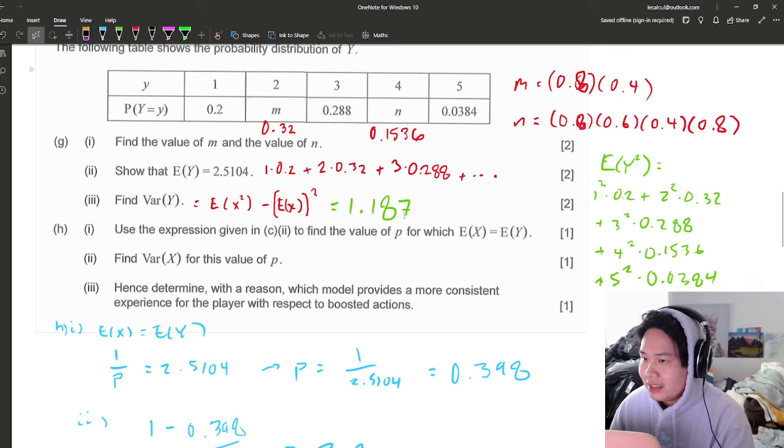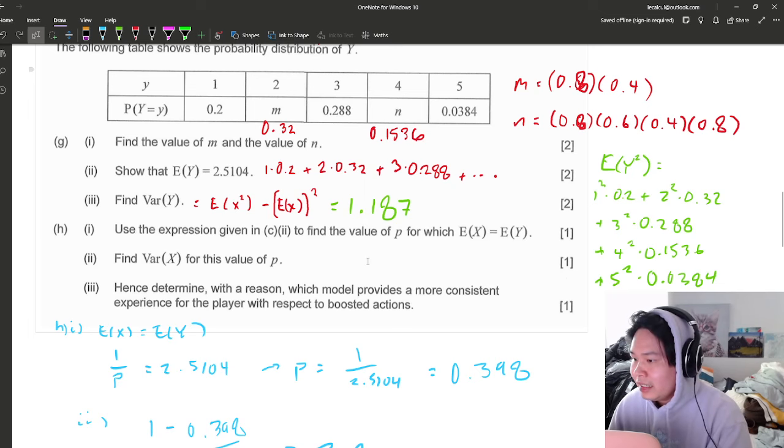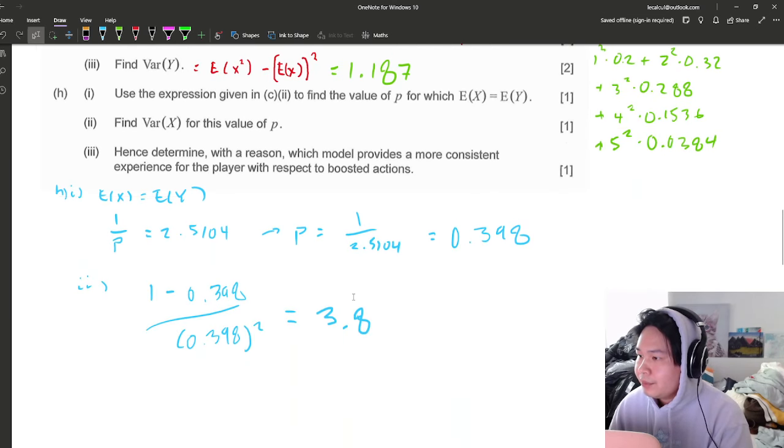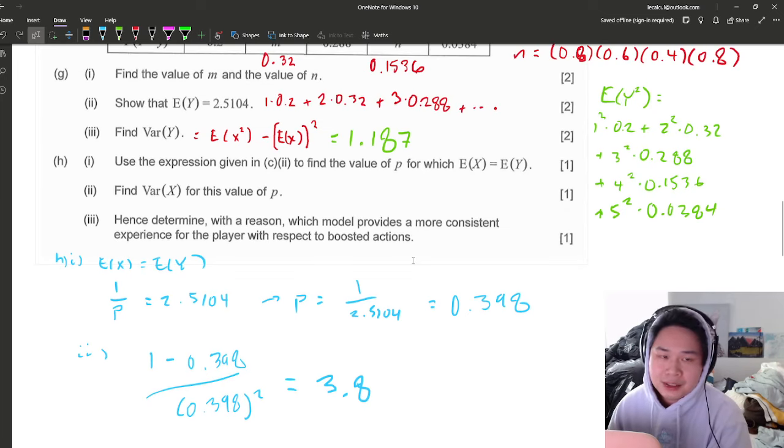So the second model says, on average, it takes 2.5 actions before you get boosted, and then it's quite consistent. The variance is 1. Whereas for the same expected value, you're expecting about 2.5 actions before you get boosted in the first model, the variance for that is 3.8, which is like 3 times as much variance.